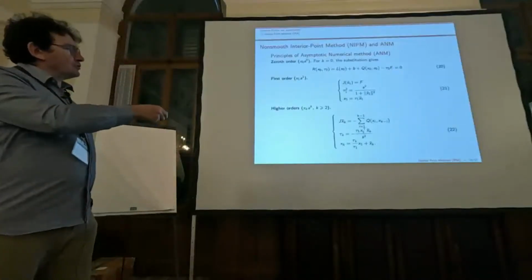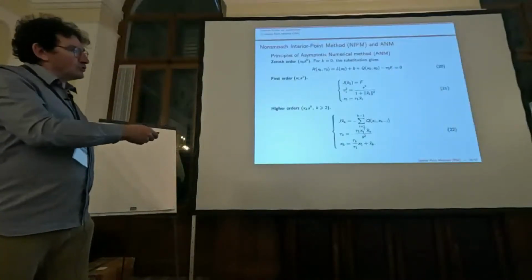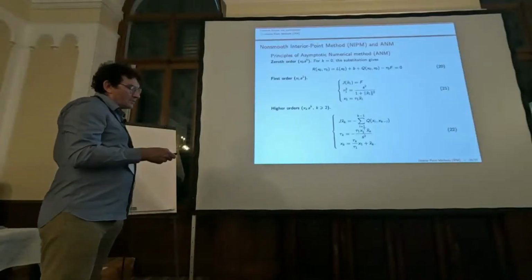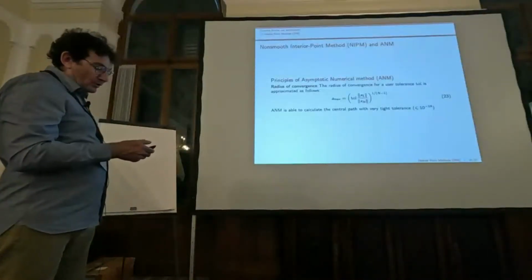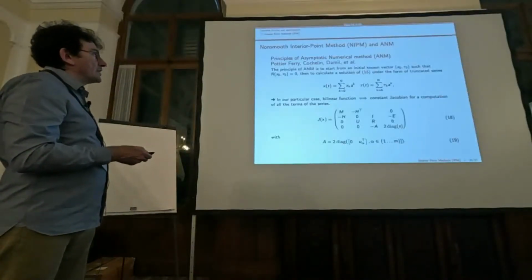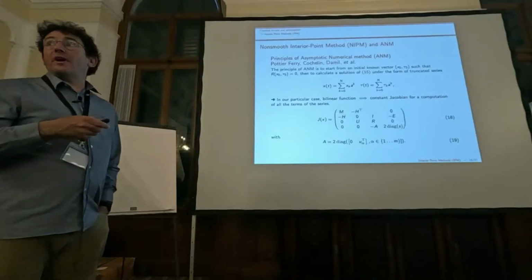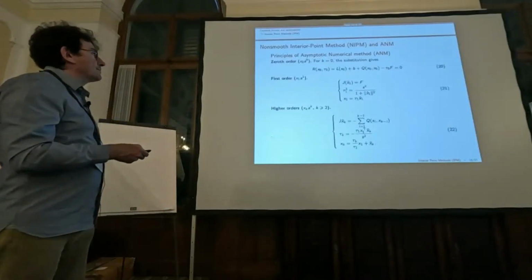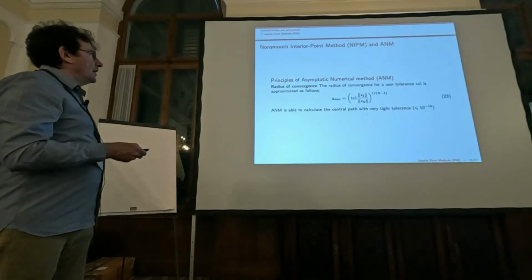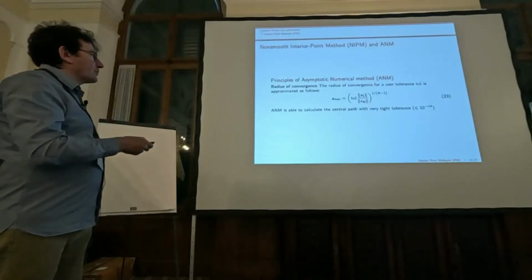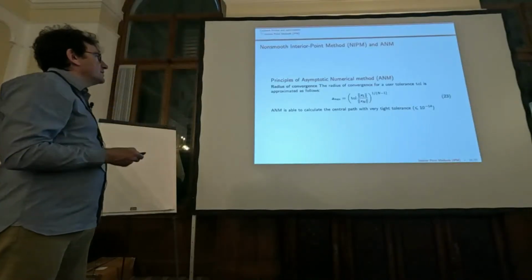I will not enter into detail, but it is quite easy to compute all these terms. The most important thing I have to mention is that tau is also parameterized as a series. And we are able to compute the radius of convergence and to know where the series is valid.